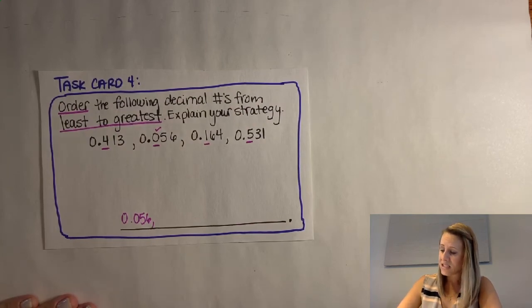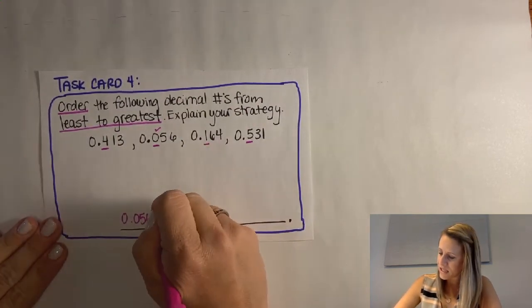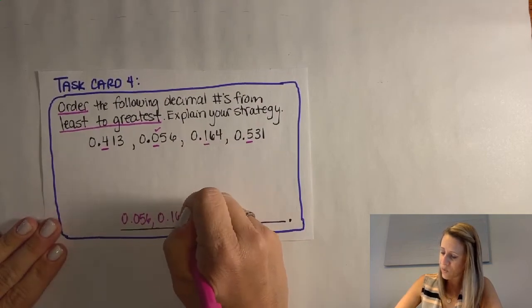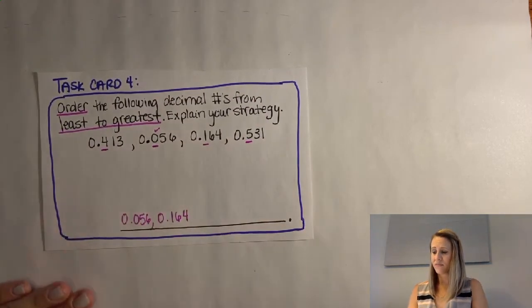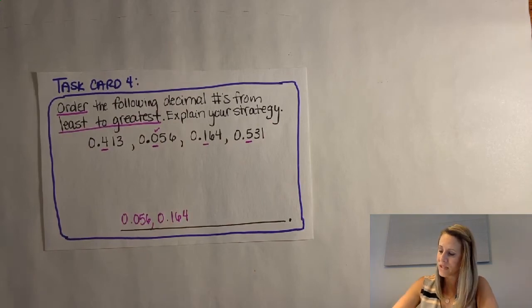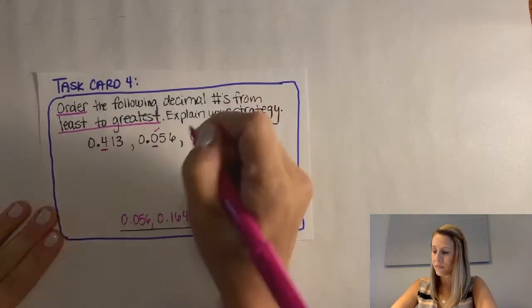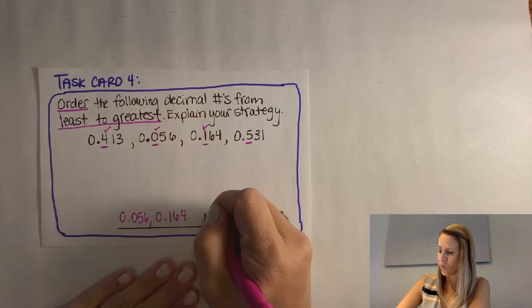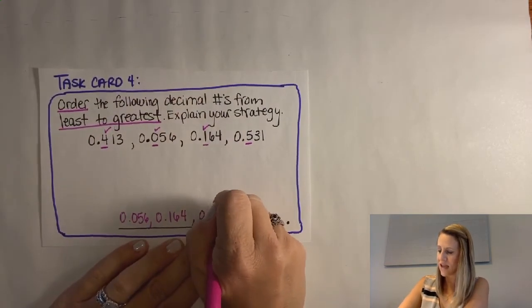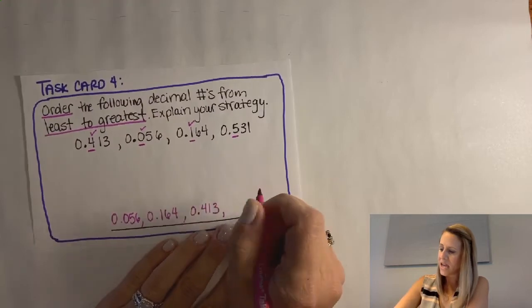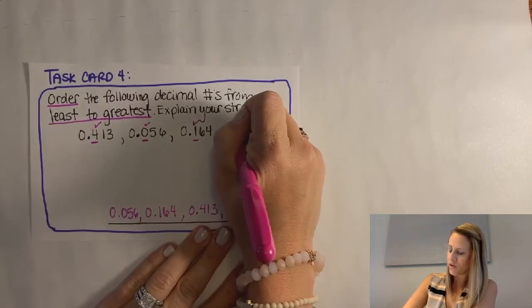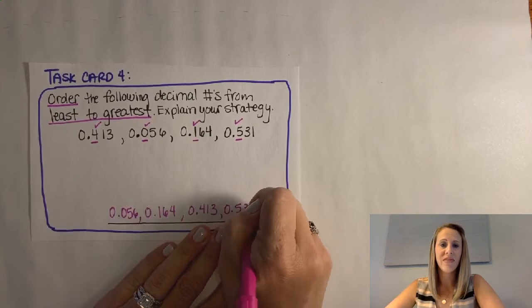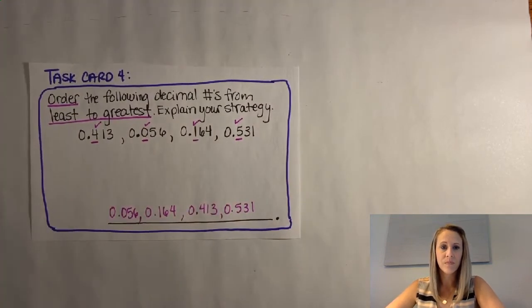The next value with the least number of tenths is 0.164, 164 thousandths. Okay, so we use that one. I'm going to put a little check there. Next would be 0.413, so 413 thousandths. And last, 0.531, or 531 thousandths. So that's one strategy you can use to list your decimal numbers from least to greatest.